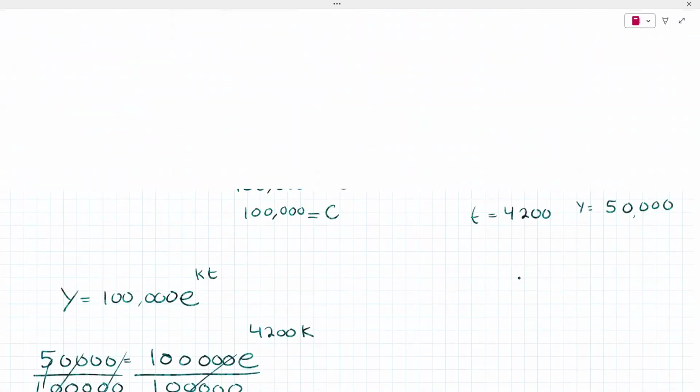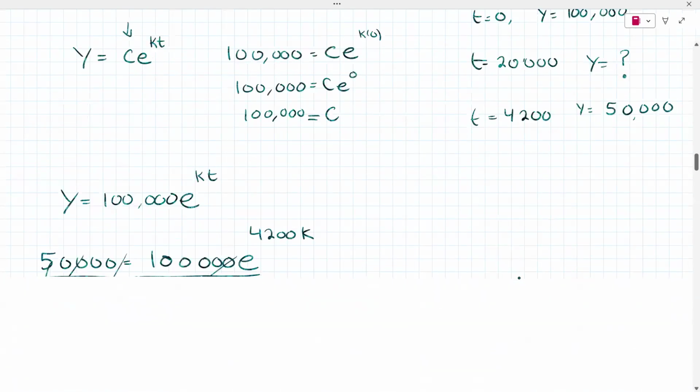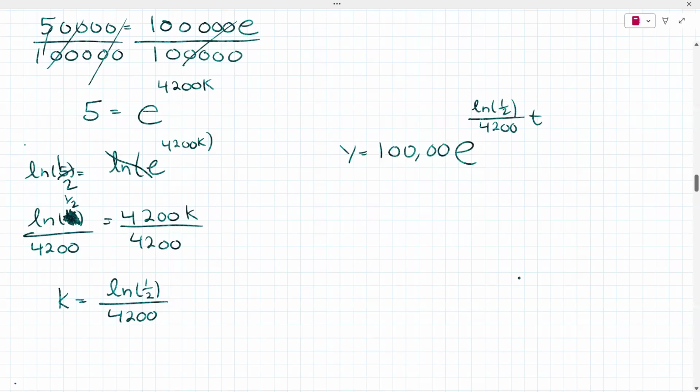Okay, and then what they're asking now is how much will be left after 20,000? So you just replace t with 20,000.